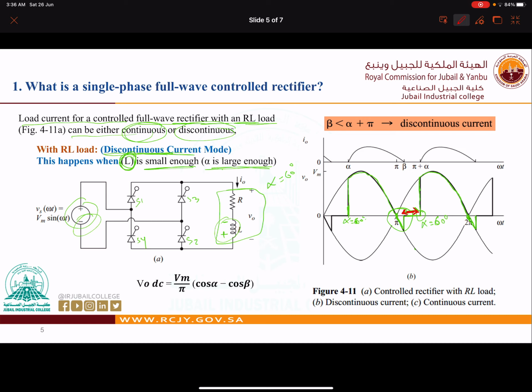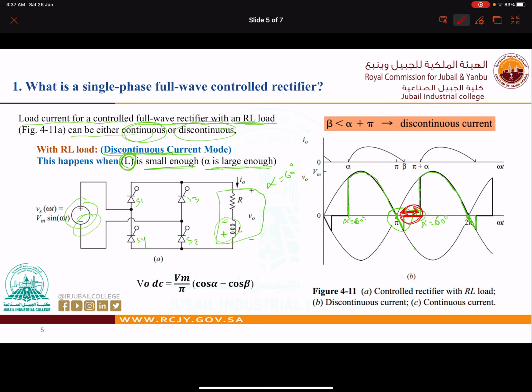Now if the inductive load is small as this one, and alpha is big enough, then we will have a gap. This gap, I need it in case of discontinuous current mode, because in this gap the current is zero. The current, as you can see here, is zero, right? So if I have a cutoff current here, which is zero, okay, then it is called discontinuous current mode.